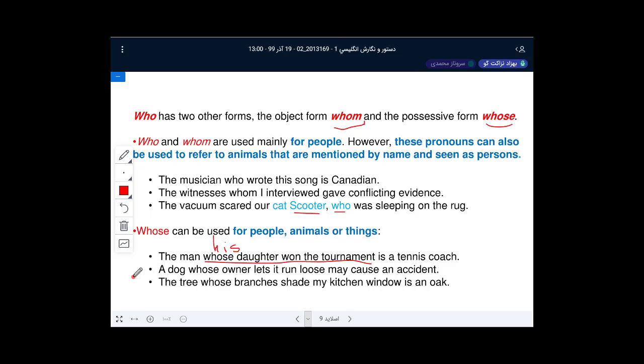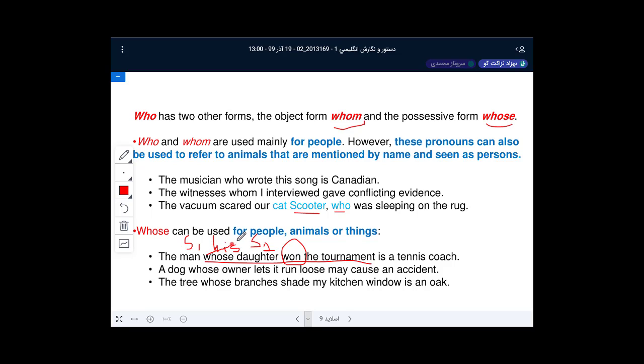It is incorrect. If you write his, what happens? You have two subjects. There is a noun marker. Man is the first subject. His is one of the noun markers. So daughter is the second subject. Subject two. Is it possible to have two subjects for one verb? No. That is why we never use his.